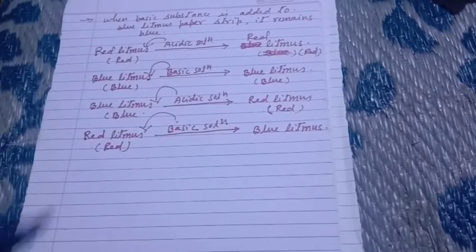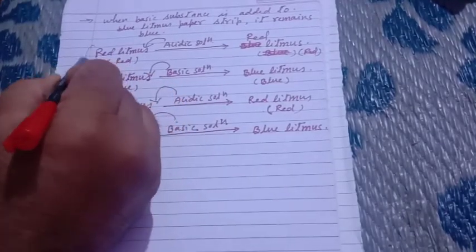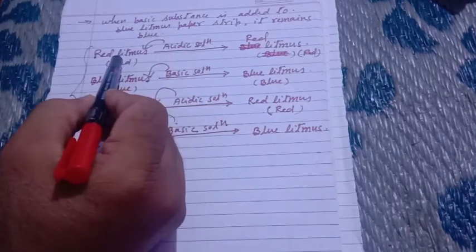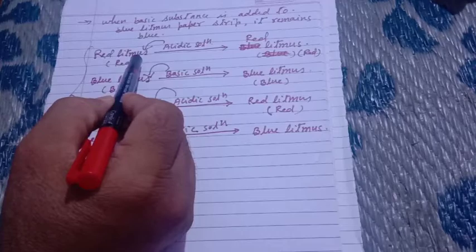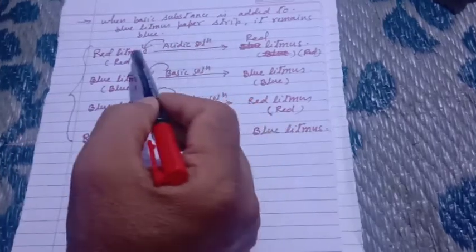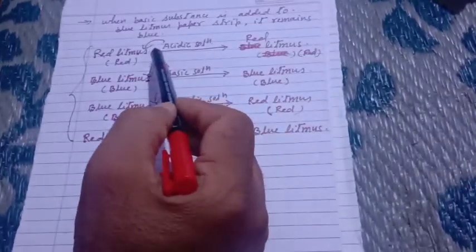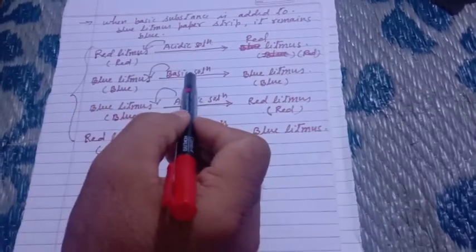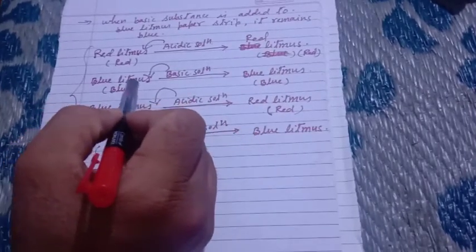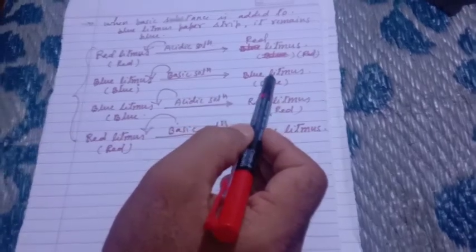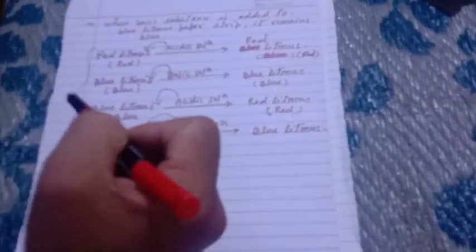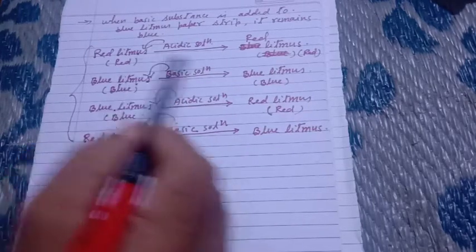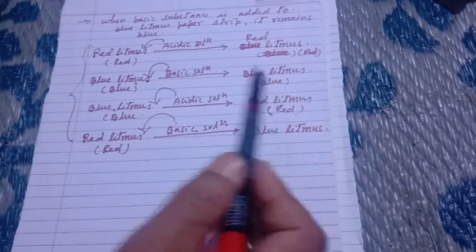I have summarized it in this way, just you can see. If you add an acidic solution to the red litmus, red litmus will remain red only. Similarly, if a basic solution is added to the blue litmus, it will remain blue only. But when an acidic solution is added to the blue litmus, it changes into red.